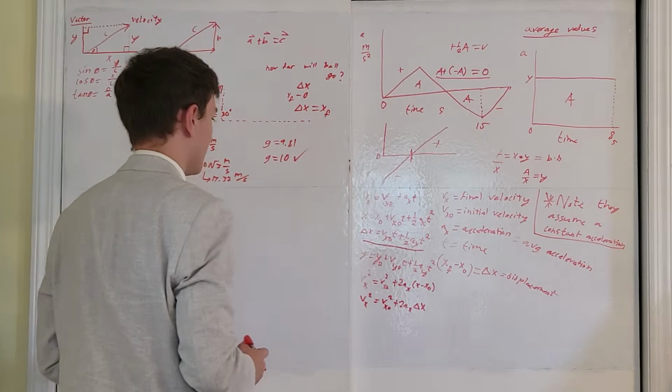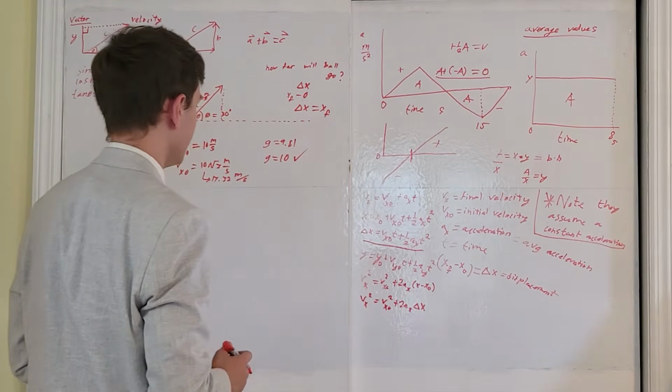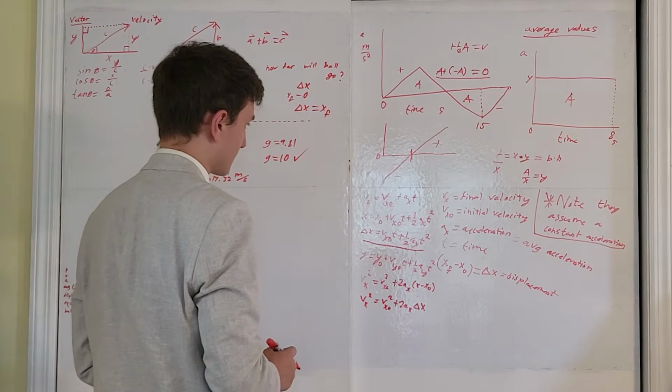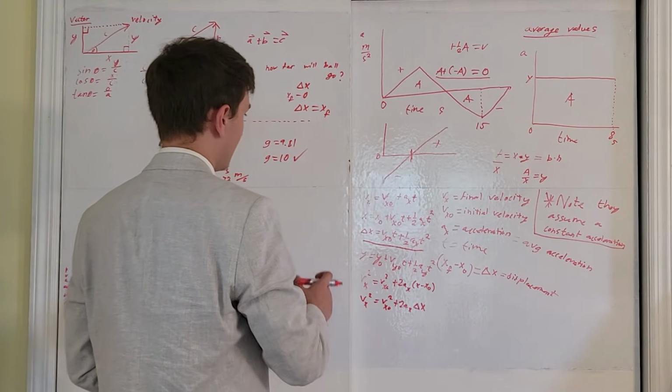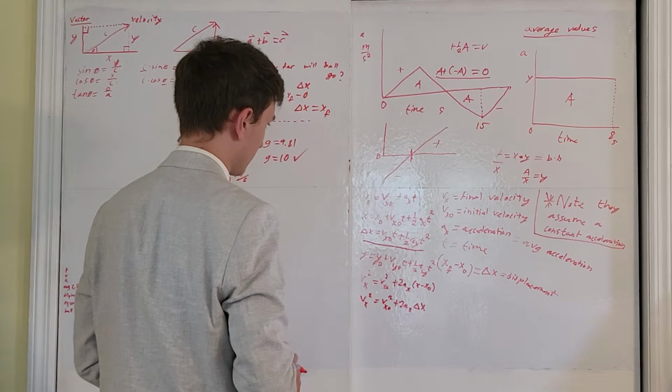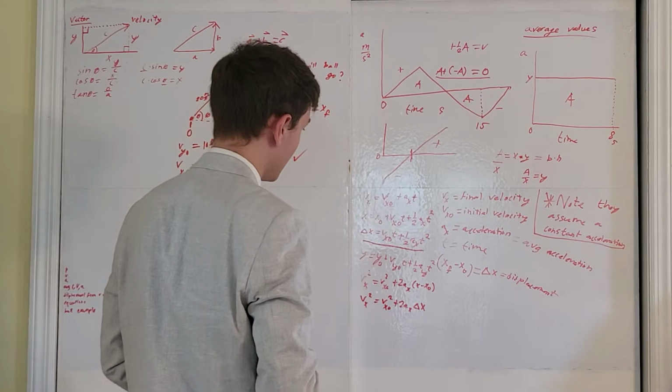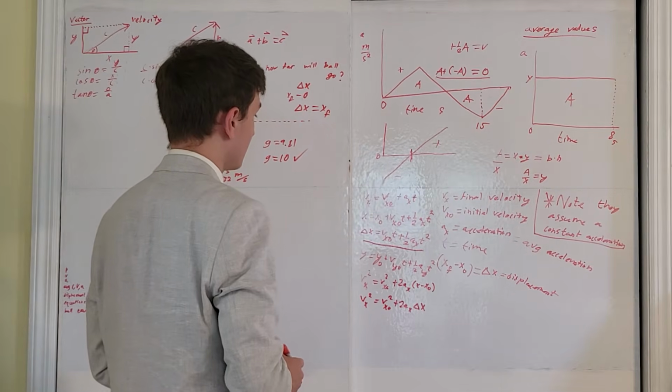If I were to use that in the x direction, my final and initial velocities will be the same because my acceleration in the x direction is 0. So that's not helpful to me.